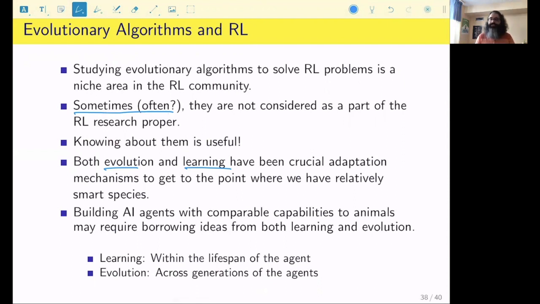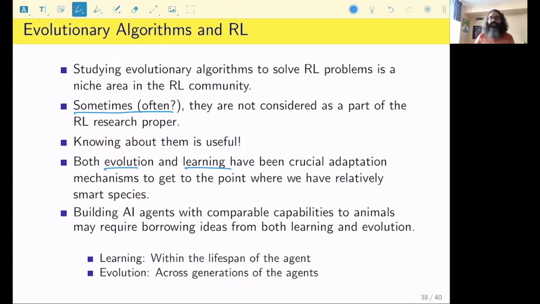Of course, not all species are intelligent, but we have relatively smart species like humans or apes or many other animals. Part of the reason they can be smart is their evolution: they evolved to have a large brain with proper components. But they also evolved the ability to learn so that they can adapt during their lifetime.